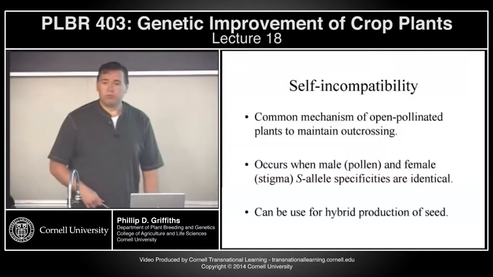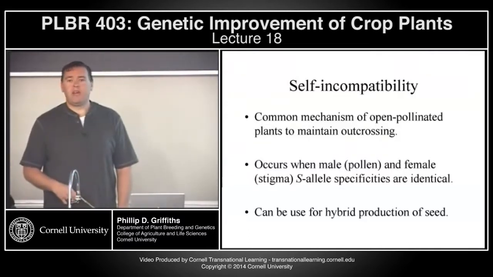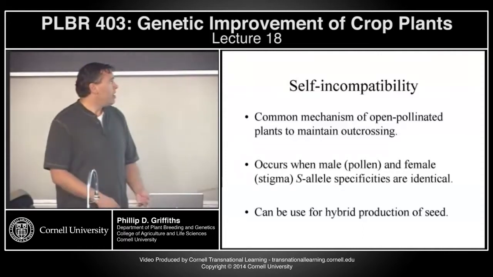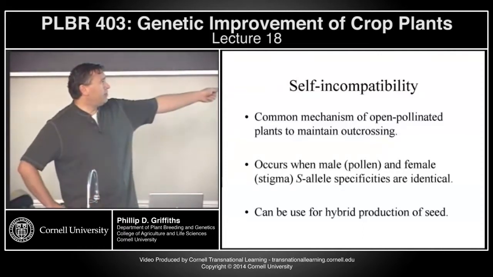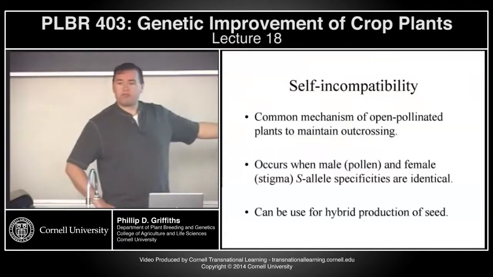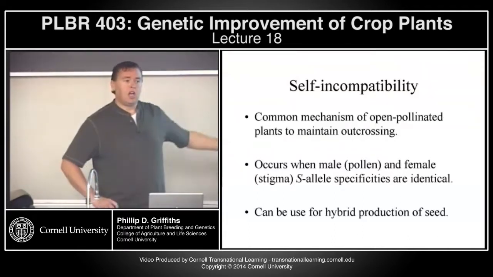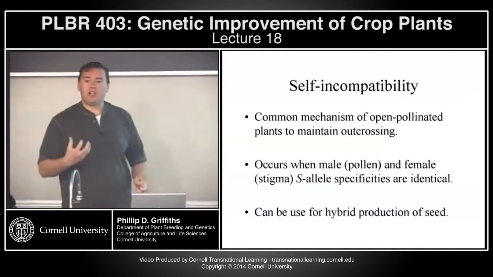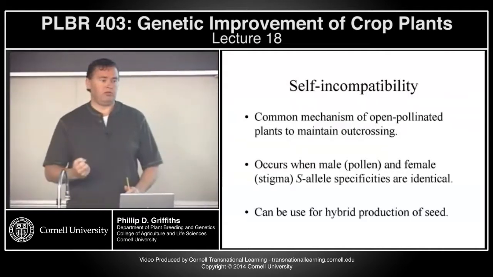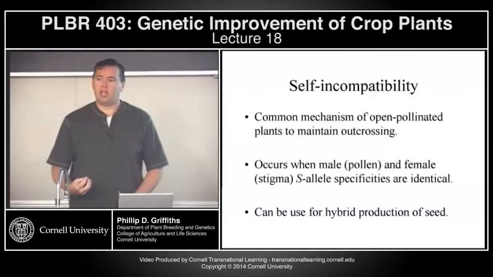But the 2 most effective approaches to hybrid seed production, the first one is self-incompatibility. Open pollinated crop species are self-incompatible, meaning that their pollen will not pollinate or will not fertilize the ovules of that plant.